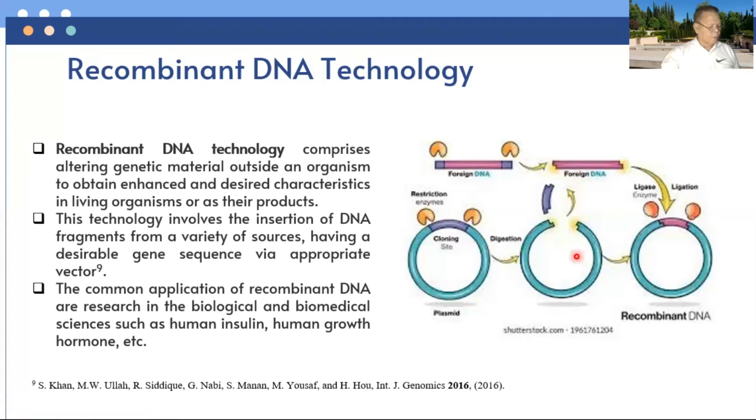In general, recombinant technology has several steps, such as, let's see this figure, cutting the desired DNA by restriction site, amplifying the gene copy by PCR, inserting the gene into the vector, transferring the vector into the host organism, and obtaining the product of recombinant gene.